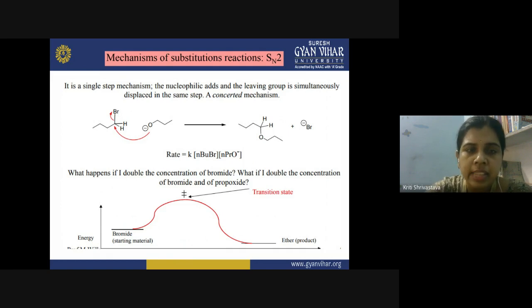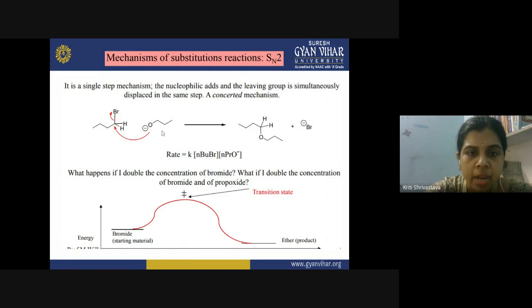It is a single step mechanism, and the nucleophile adds and the leaving group is simultaneously displaced in the same step. So what do you call it? It is a concerted mechanism. And what do you mean by a concerted mechanism? Here, the leaving group is simultaneously displaced in the same step. So you call it a concerted mechanism.